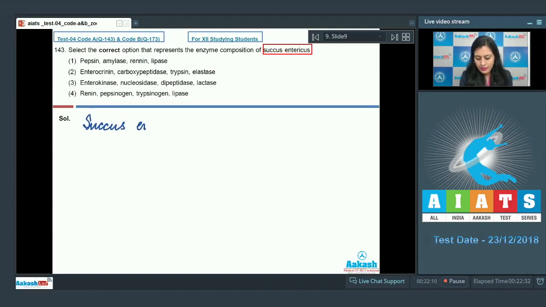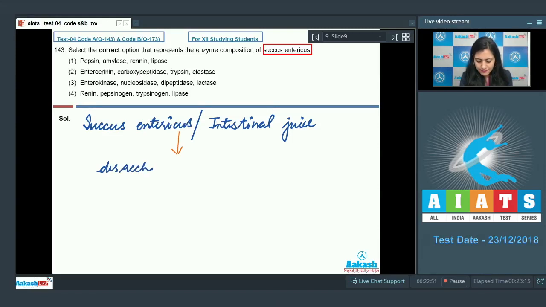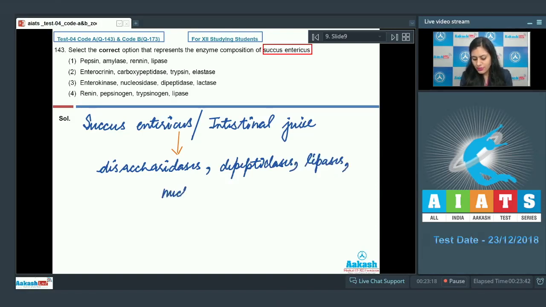And we know that Succus entericus, which is also known as intestinal juice, consists of a variety of enzymes like disaccharidases, example maltase, sucrase, etc., and dipeptidases, lipases, nucleosidases, etc. Now let's discuss the options.